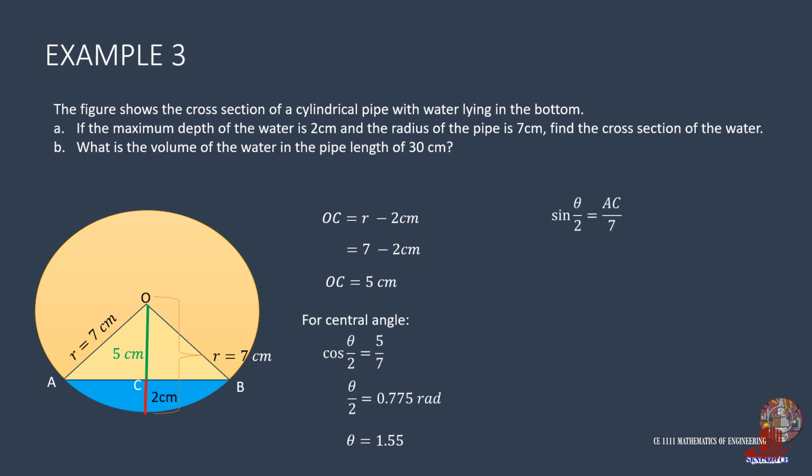Also solve for the base of the triangle from sine of half of theta as equal to AC all over 7. That is sine of 0.775 as equal to AC over 7, where AC results to 4.898 cm. Thus, chord AB is 9.796 centimeters.